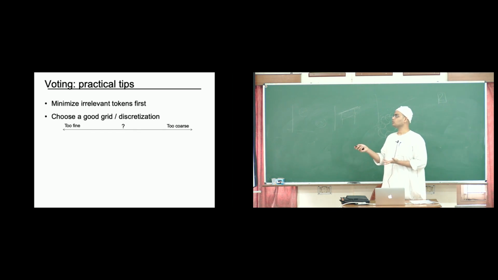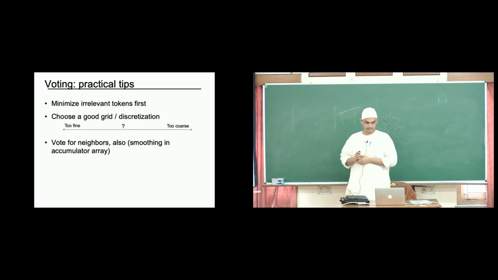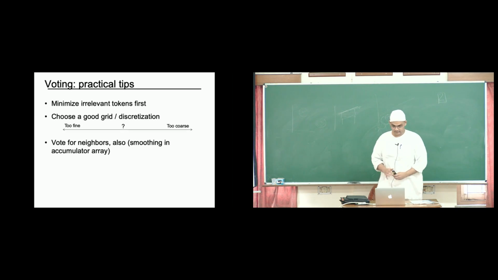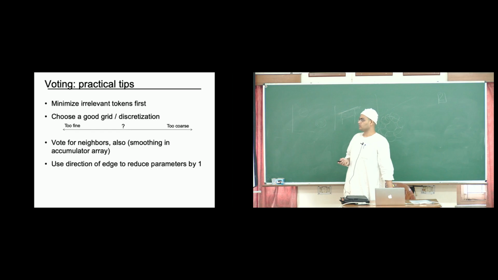Too fine or too coarse, you need to make the decision. Vote for neighbors also, smoothing in the accumulator array. So, sometimes you give the vote for the neighbors, sometimes you get rid of the votes, sometimes you give the votes again based on the requirement.